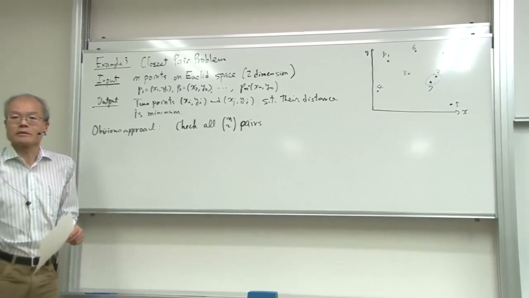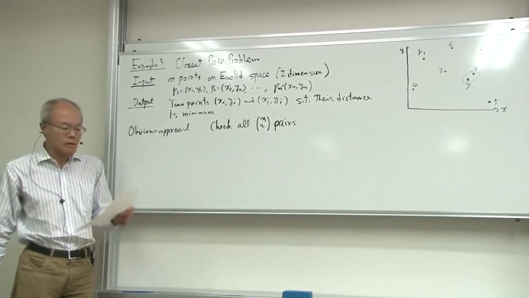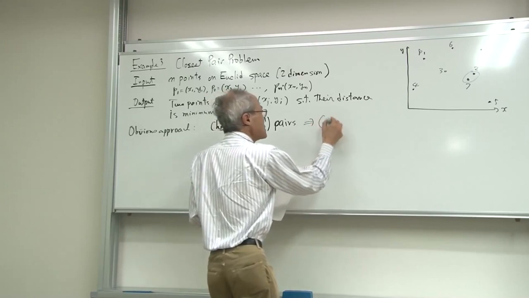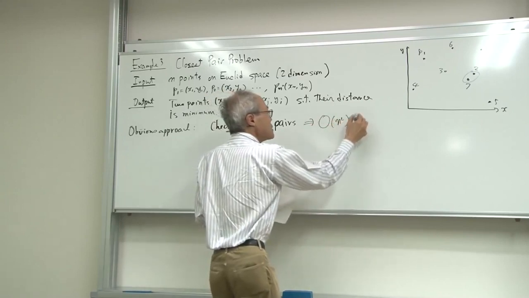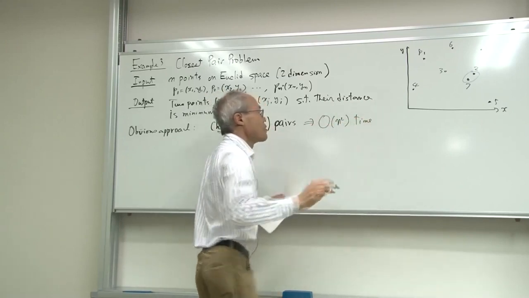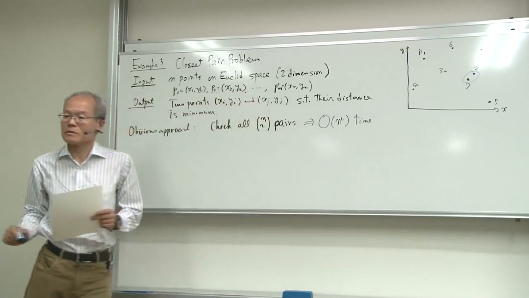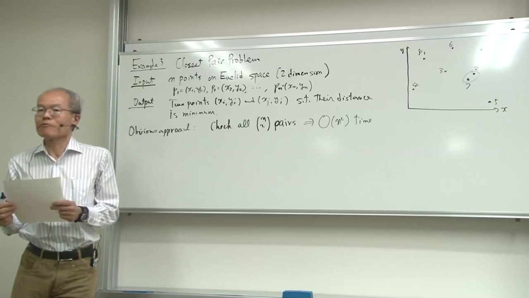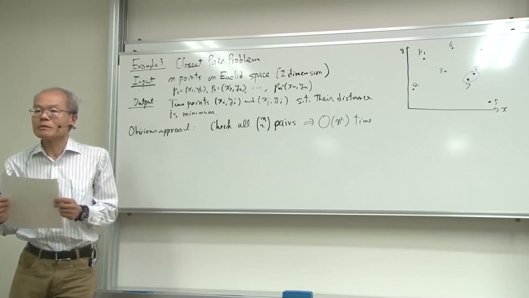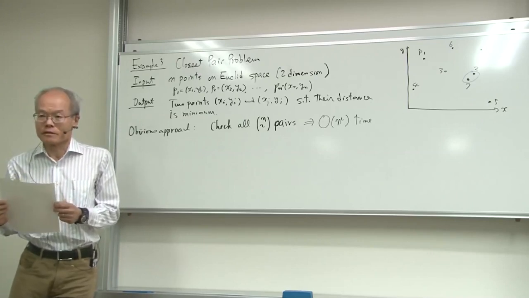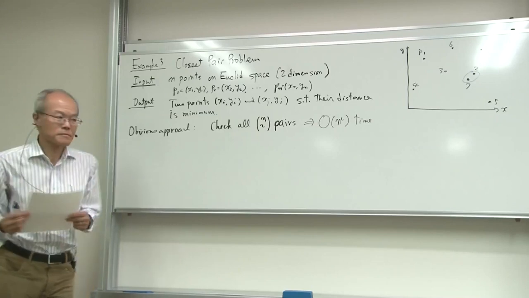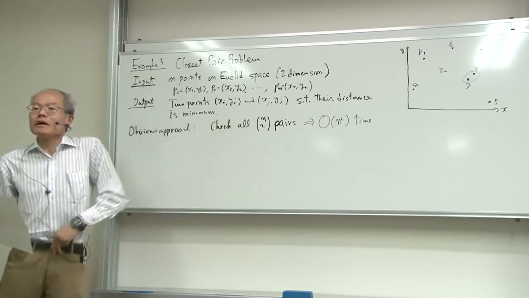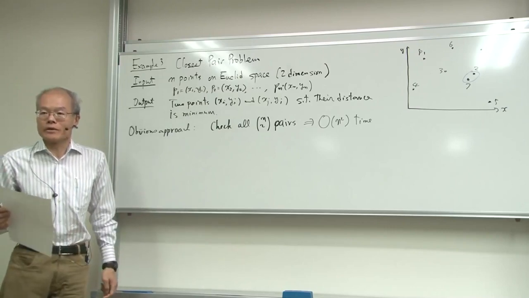Then of course you can get the closest pair easily. But the problem is we need order n squared time. So the goal is to design better algorithms. Better means which runs faster, something significantly less than n squared.